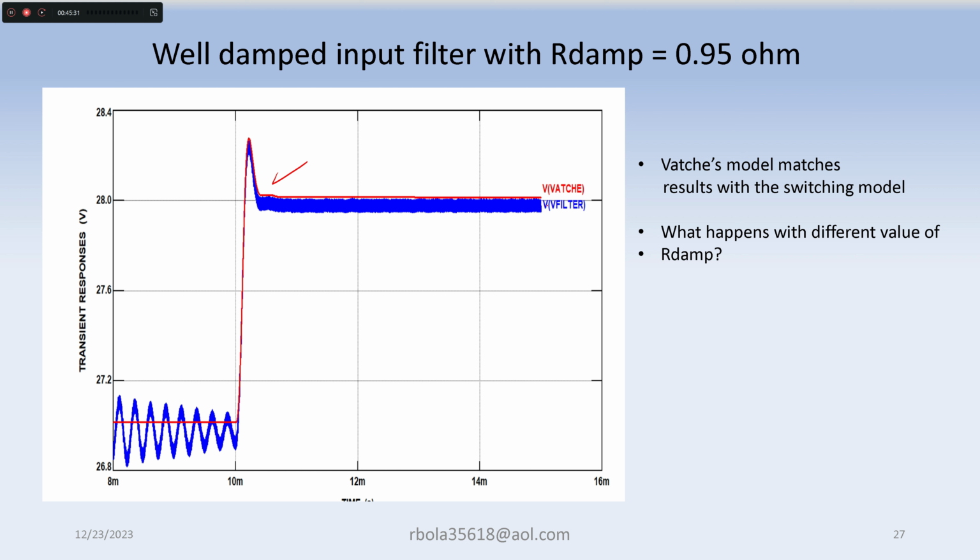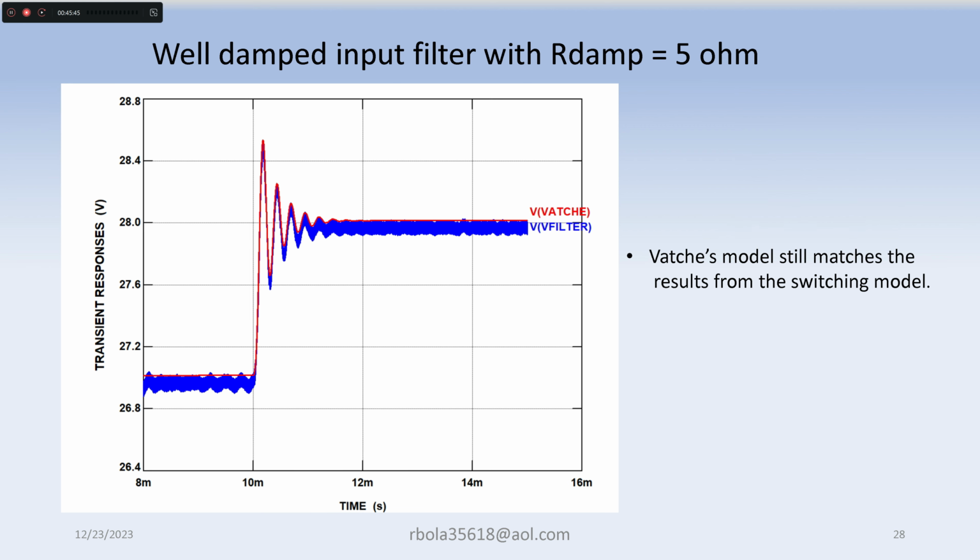The red is the Vorpérian, and the V filter is the switching model. They're pretty good in agreement. So now I increase R damp to 5 ohms, and again you can see that the Vorpérian model and the switching model are basically a pretty good match.